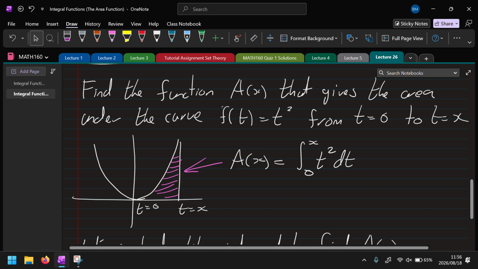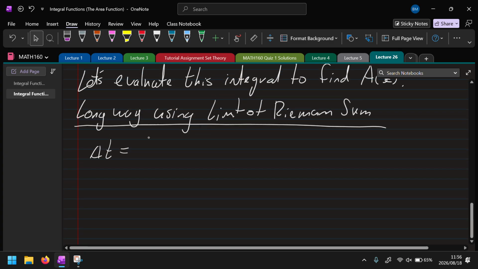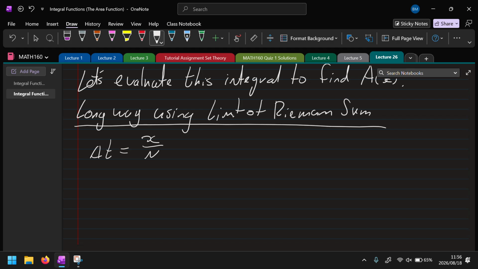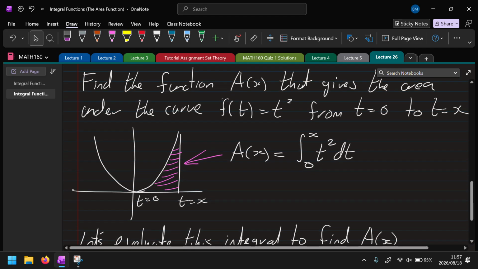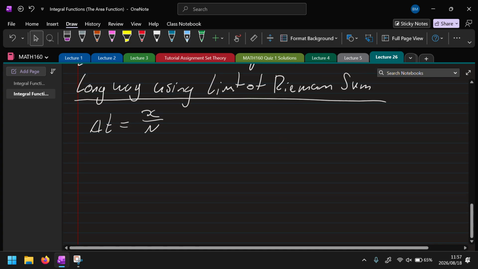So the upper bound is x, the lower bound is 0. So it will be x over n. Again, please do not let this confuse you. The x integrals we looked at last time, that was delta x, xi, f of xi. This is now in terms of t. So please do not mix up your variables.